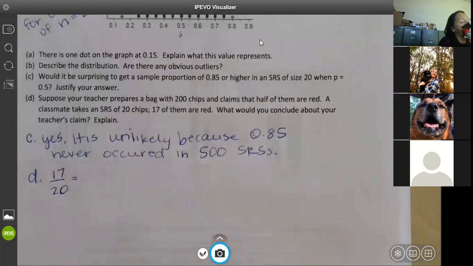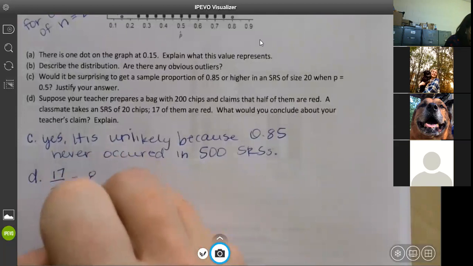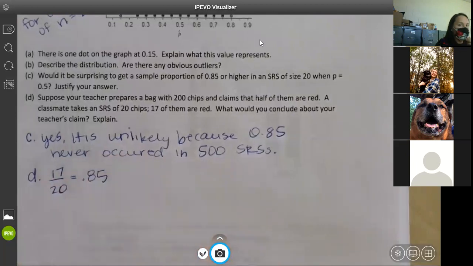Do you have a calculator on your phone? 85%. What did we just say in part C? It's unlikely in 500 trials. So we only did one, right? This one student took an SRS.